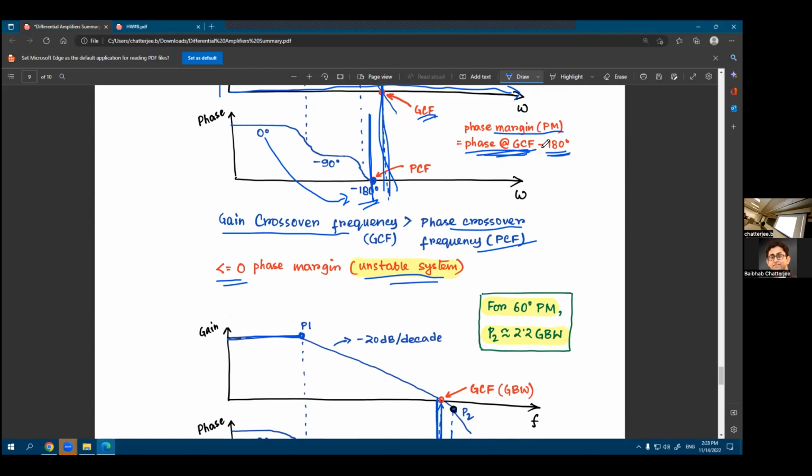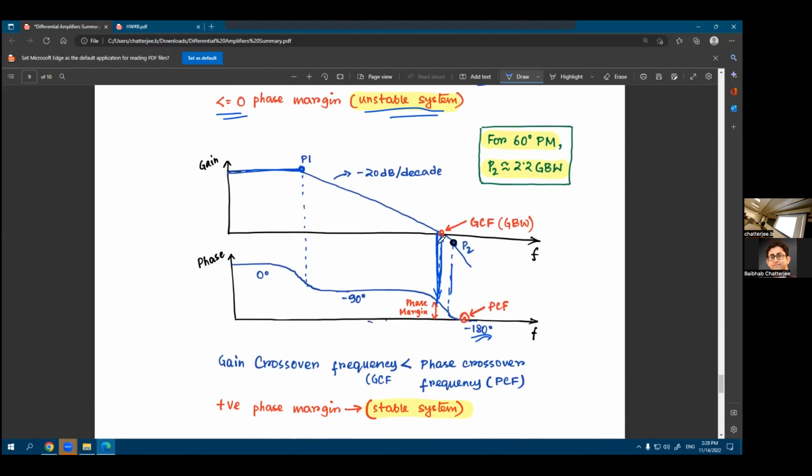Or I should say minus minus 180 degree. So it will become basically plus 180 degree. So I'll just correct this. So at this point, you have your gain crossover frequency. What is your phase at this point? It's something in between 90 and 180. Let's say it is minus 135 degree.